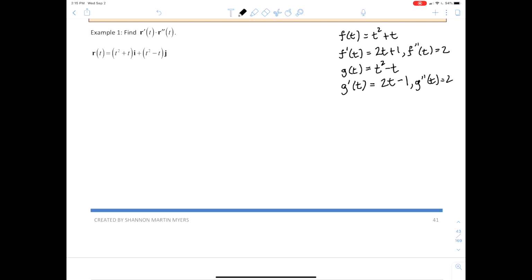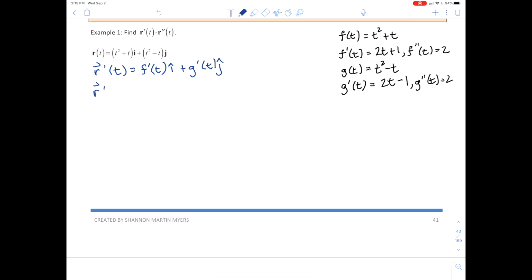So let's put it all together. R prime at t is f prime at t times i, and then plus g prime at t times j.